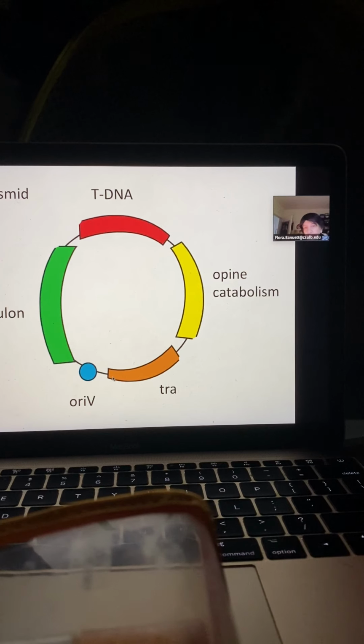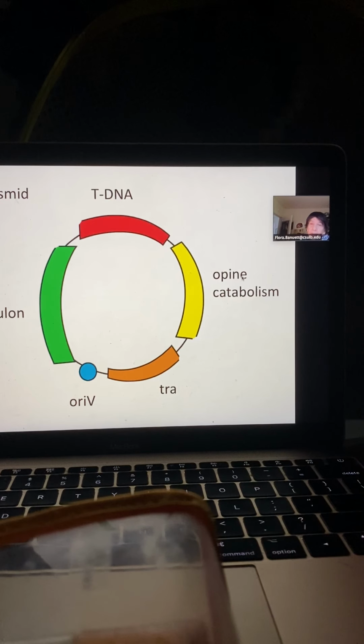Conjugal transfer refers to conjugation. It has a region that is called the Vir regulon, which I'll describe later. It has the tra genes, so these are important for conjugation, but not to transfer into the plant, okay? This is for conjugation between different Agrobacterium tumefaciens cells, from one to the other, not to the plant.